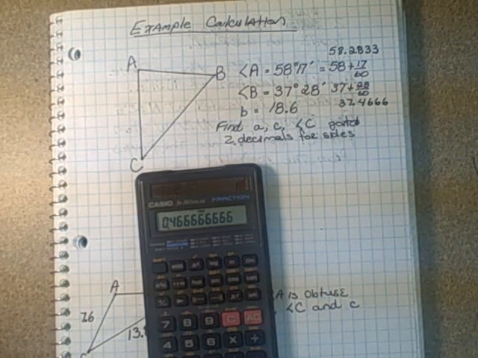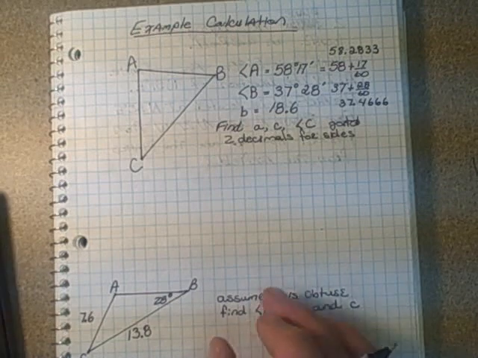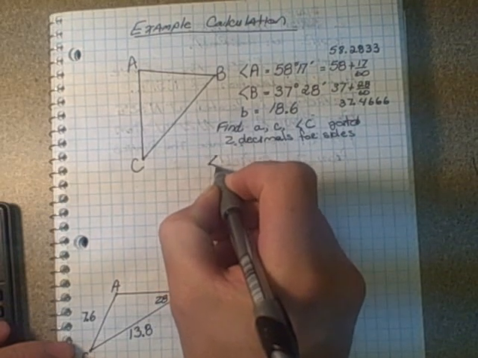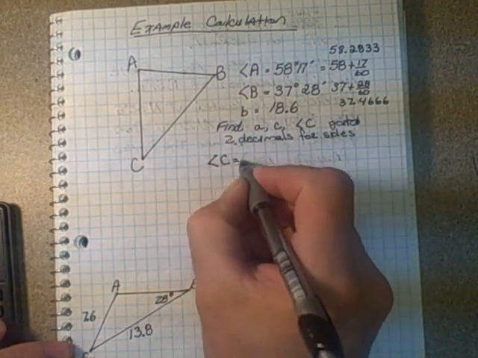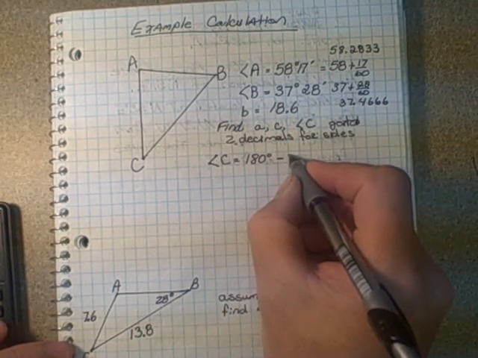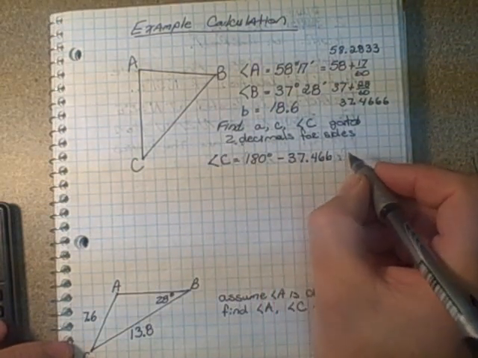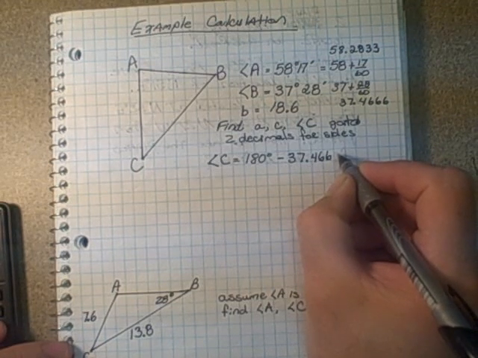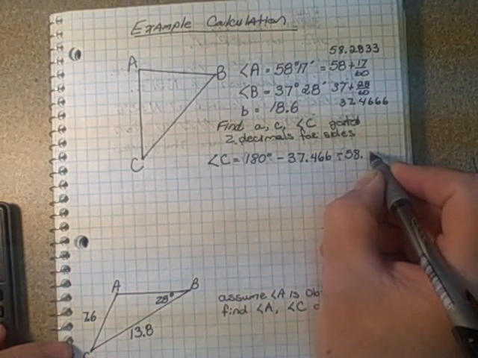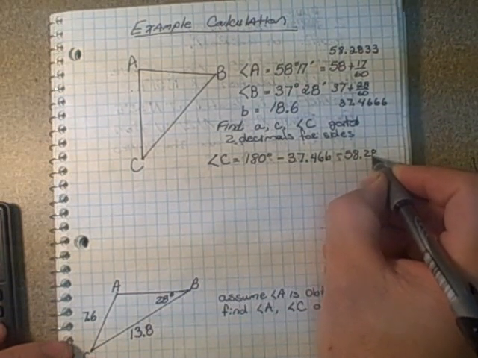So we want to find all the other sides and the angles. First of all, we could find angle C by using the fact that all the angles on the inside of a triangle add up to 180 degrees. So angle C is going to equal 180 degrees subtracting 37.466, and we'll just use 3 decimal places, I think that will be accurate enough. Subtracting as well 58.283, oops, got the wrong one there.